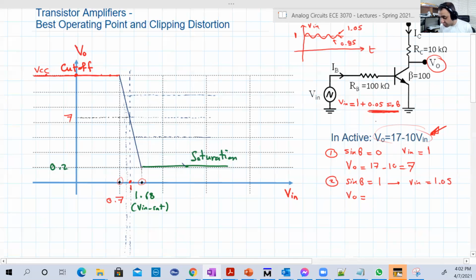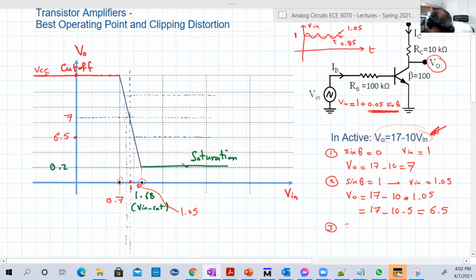So 17 minus 10 times 1.05. This is basically 17 minus 10.5. So this is 6.5. So let's assume this small point here is the 1.05. If we go up, this would be 6.5. Good.